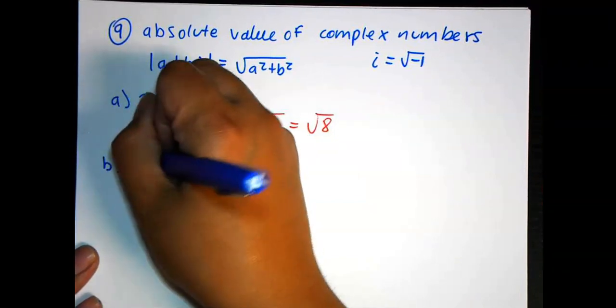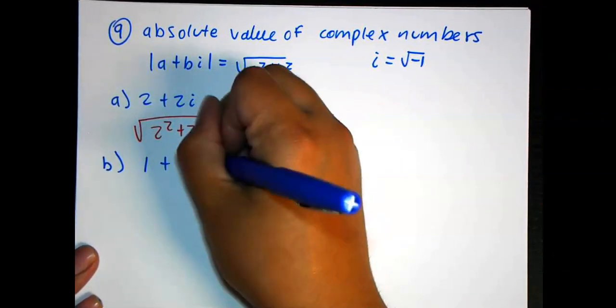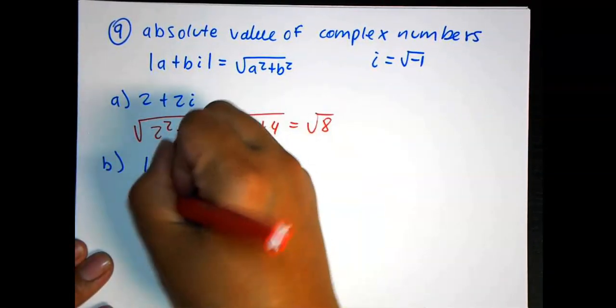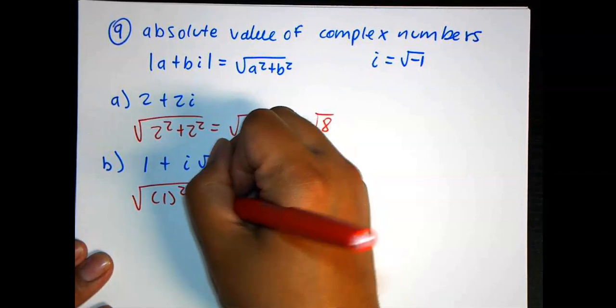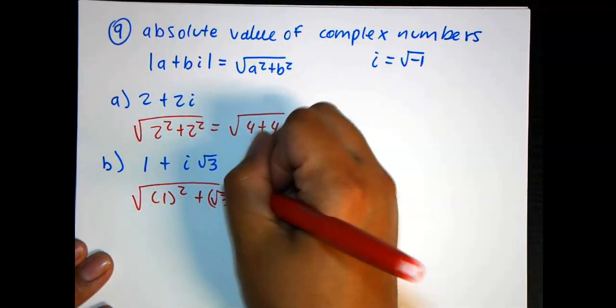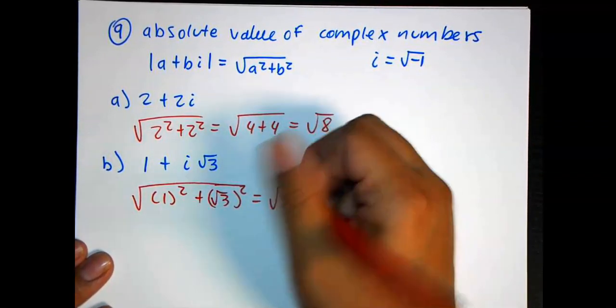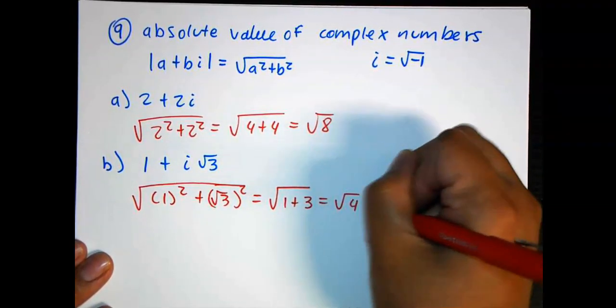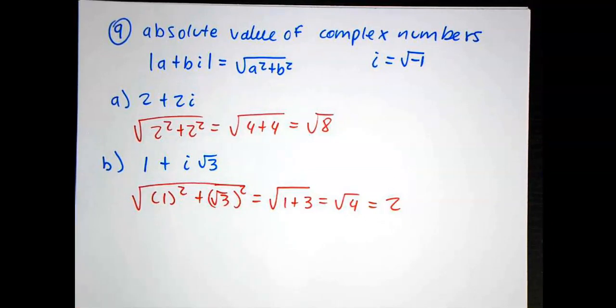For letter B, I got 1 plus i square root of 3. So in this case, I'm going to do 1 squared plus the square root of 3 squared. The square root of 3 squared cancels, so I get the square root of 4, which would just be 2.